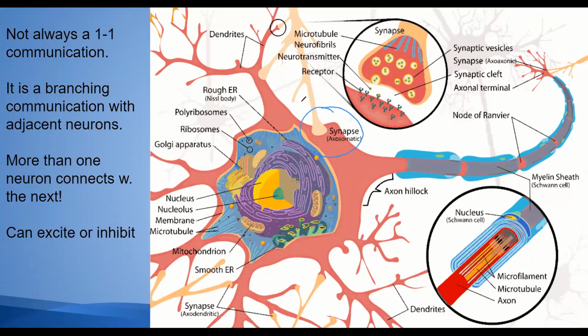If we blow the synapse up, we can see that we have this synaptic terminal from one of the neurons, a previous neuron, and we can see that it is connecting with the cell body of this second neuron.